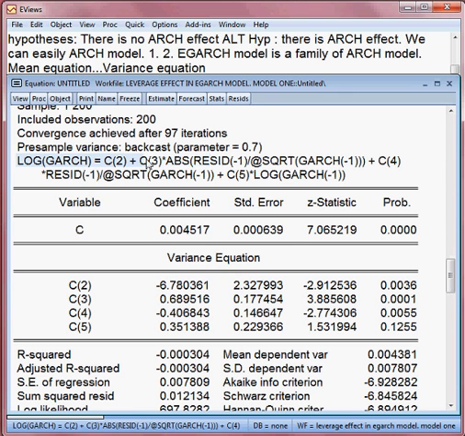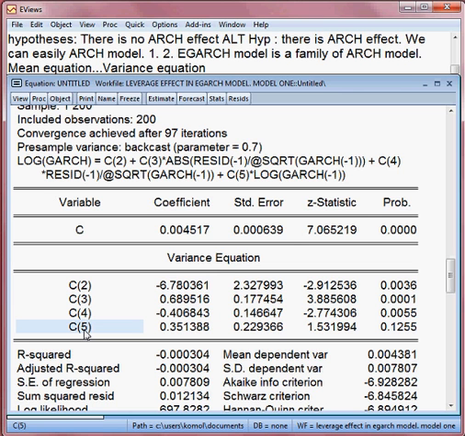Here C2 means this one, C3 means this one, C4 means this one, and C5 means this one. So there are 4 coefficients to be measured: C2, C3, C4, C5.